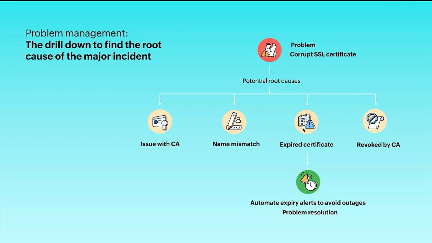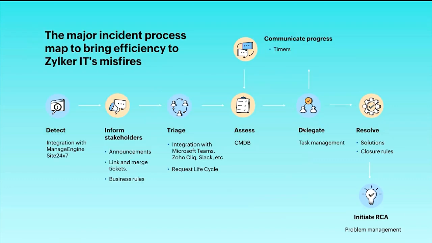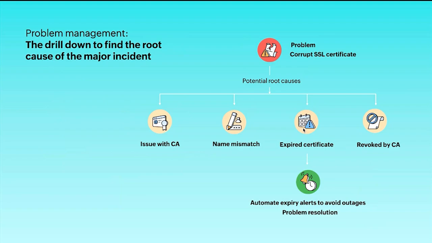In this case, the expired certificate was the issue. And here, what Zilker did was they automated the expiry alerts to avoid outages. And that's the problem resolution, right? So how do you ensure that you put this in practice to ensure that you don't take 91 minutes to resolve a similar issue in your organization?